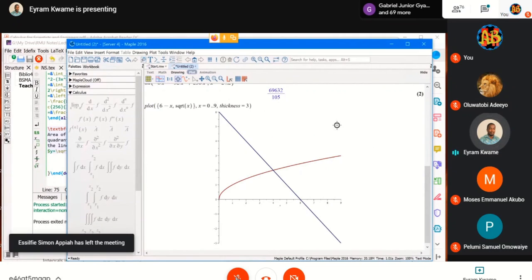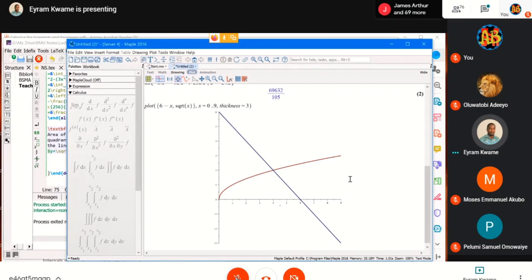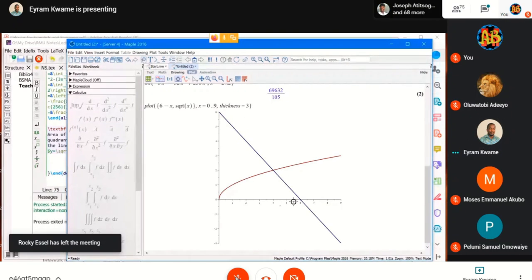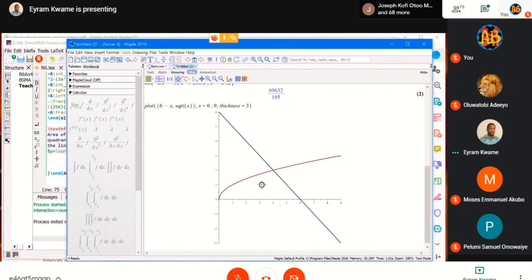This is the first quadrant right here. In the first quadrant, x is positive, y is positive. So we are in this region. Then we are looking at the region bounded by this line, this curve, and the x-axis. Do we all agree this is where we have to stay? Yes, sir.